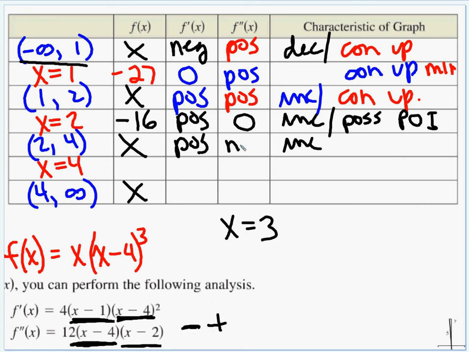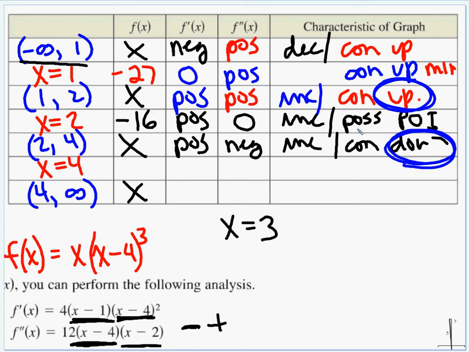Those are going to multiply to a negative, and we are now concave down. Now, if you look here, we were concave up, and then concave down on the other side. So what we thought was a possible point of inflection is now assuredly a point of inflection. So we can cross out the possible part, because the concavity did change.